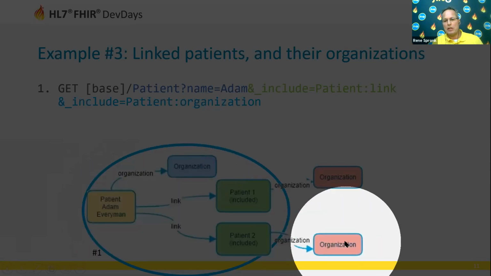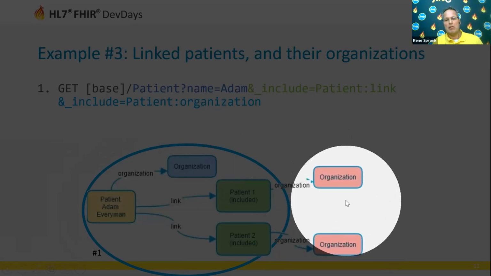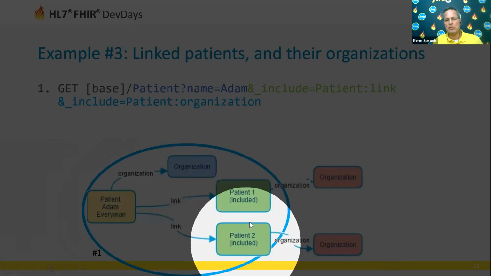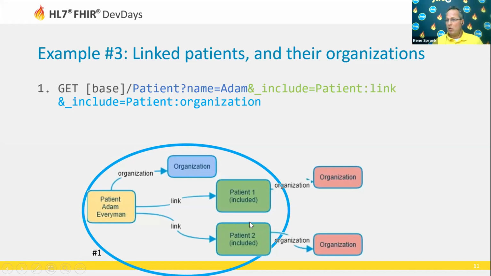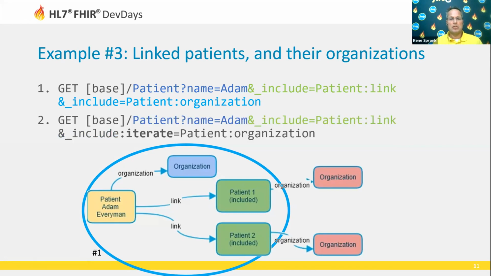But it would not include these organizations that are related to these linked patients. Remember, those are now referencing stuff that's in the included resources, which is the other linked patients. So in order to ensure that those organizations are included as well, I have to use iterate again. Apply basically that search part to the result of all the previous includes, so to speak.